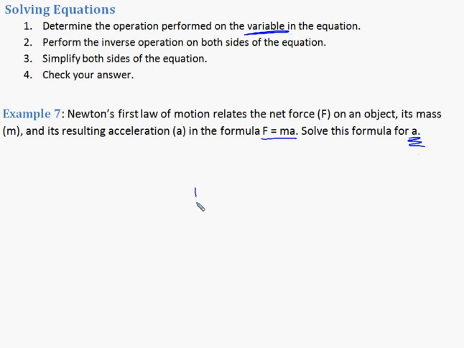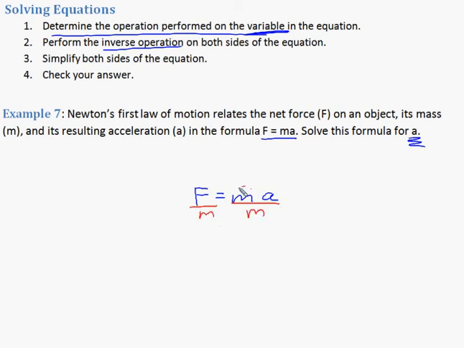So we have force equals mass times acceleration. What's happening? Determine the operation performed on the main variable. Well, m is being multiplied times our main variable. So what's the inverse of multiplication? Well, it's division. So we would divide both sides by m.